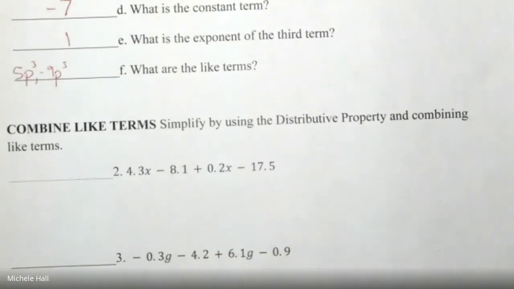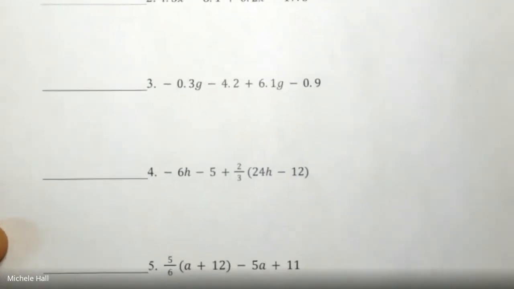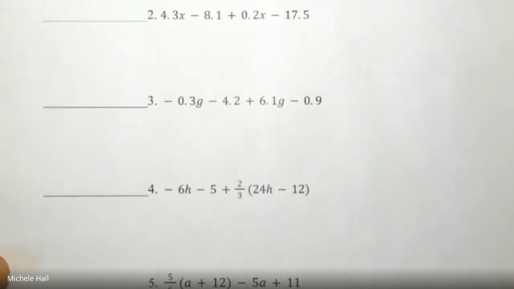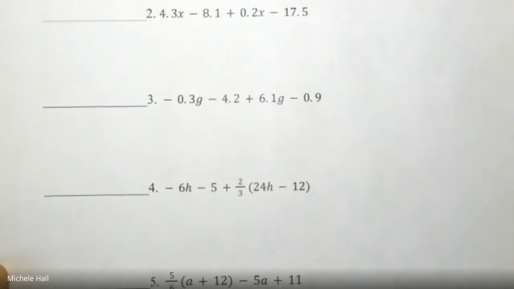All right, let's look at problem 4. Problem 4, we need to combine like terms. We need to use the distributive property to get rid of parentheses and then see if there's any like terms.